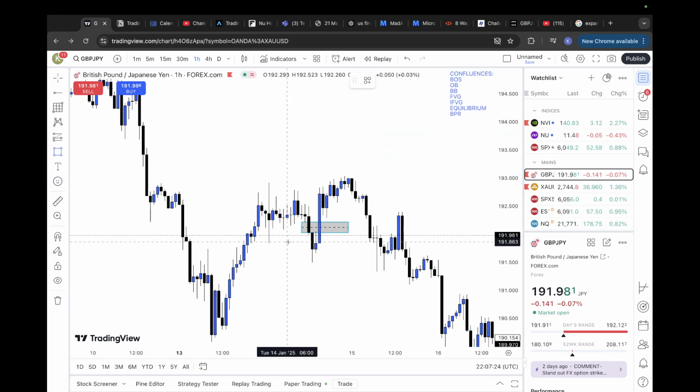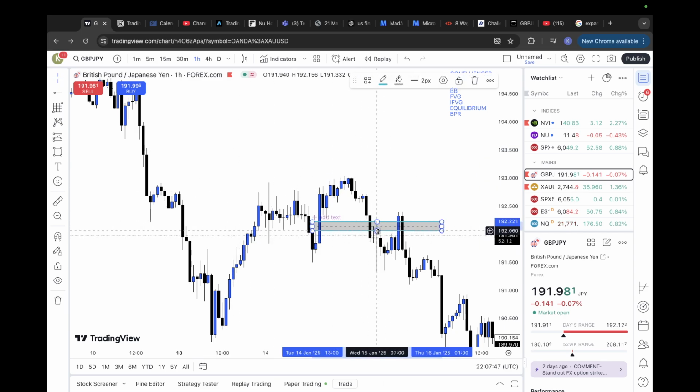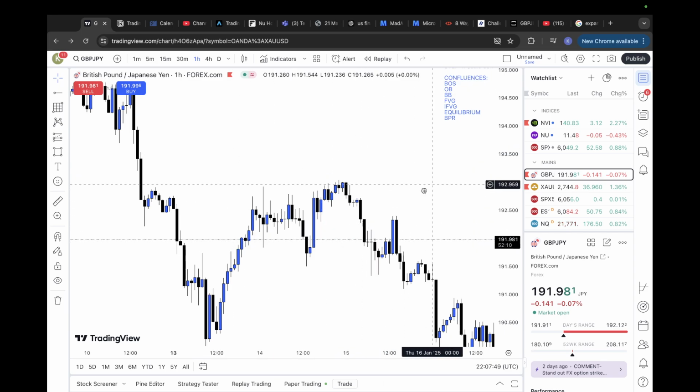This is when we inverse a fair value gap and create another fair value gap. The zone where these two cross over is the BPR. So the BPR is this zone here, which we can see didn't get any rejections, but that's a BPR, a really useful confluence to use.